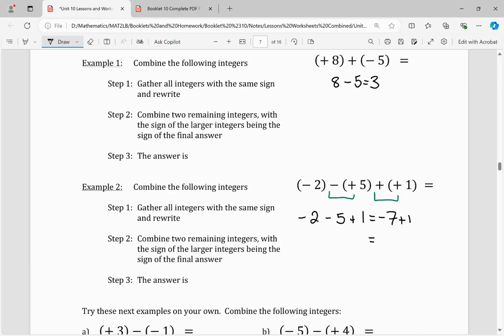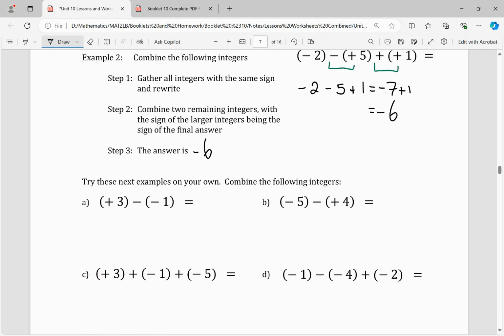So that's going to make a 6, because they're opposites. Now, because the larger number is a negative, that means that your answer is going to be a negative. So the answer is going to be negative 6. That one is much trickier than the first one. Let's keep practicing.